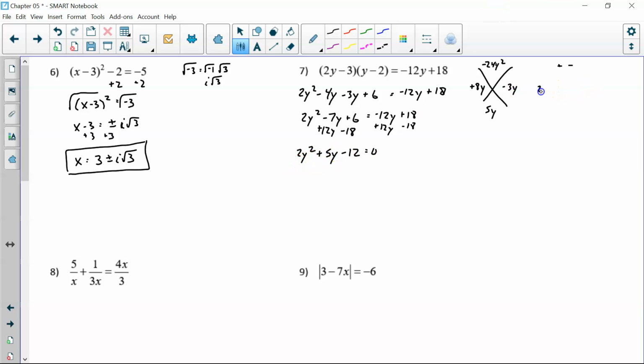So that would give us 2y squared plus 8y minus 3y minus 12. Common factor of 2y: y plus 4. Negative 3: y plus 4. So we get (y plus 4)(2y minus 3).